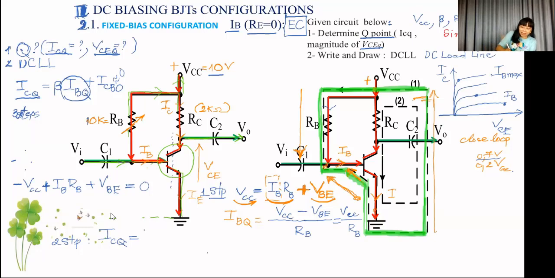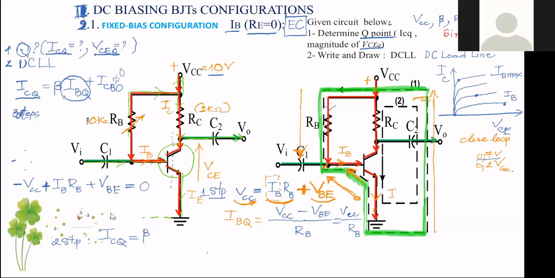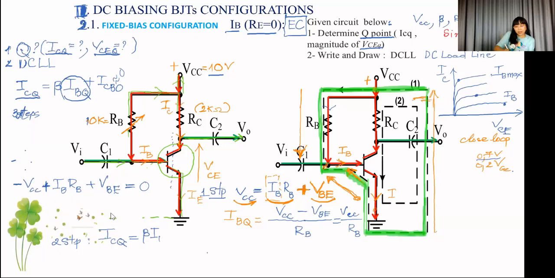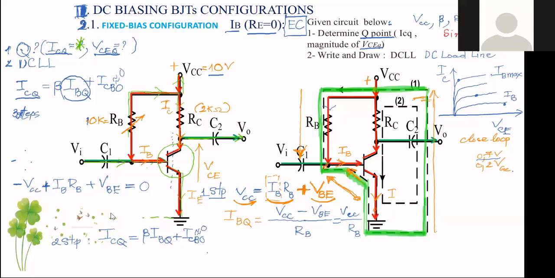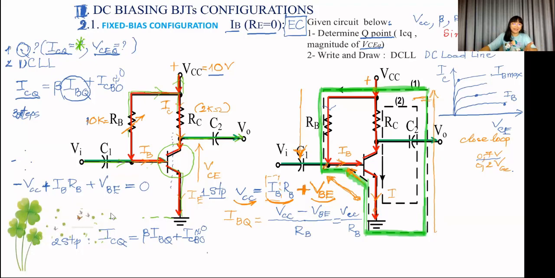That's why I have here beta times the base current IBQ plus, of course, ICBO. This ICBO is very small, equal to 0. Wow. We have now determined one value of the Q point, right?